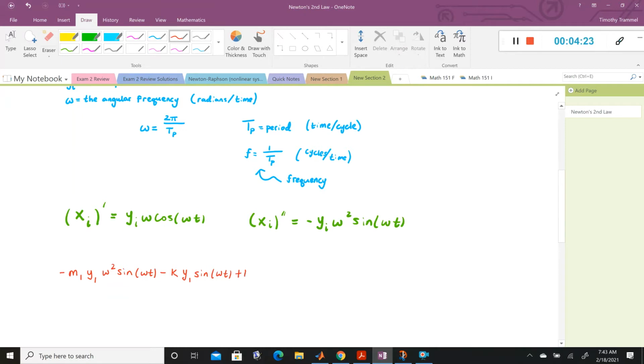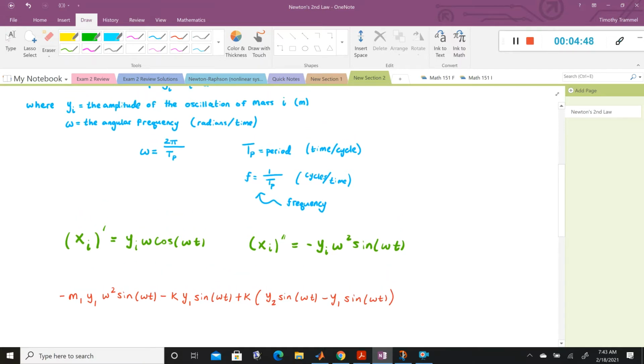So plus k and then again x2 minus x1, so that would be y2 sine of omega t minus y1 sine of omega t. And are we missing an equal sign here?